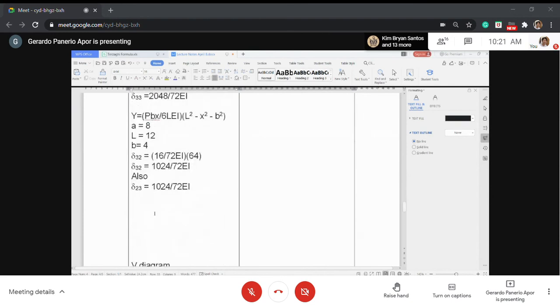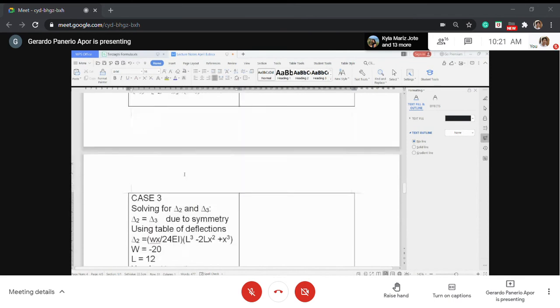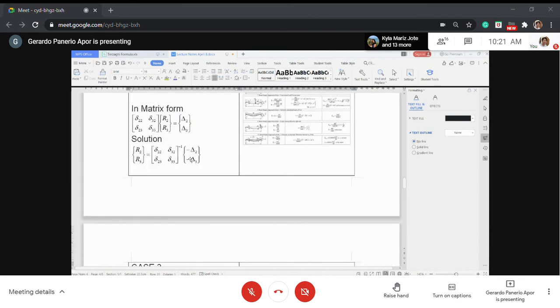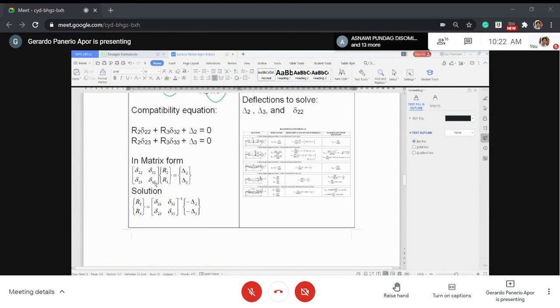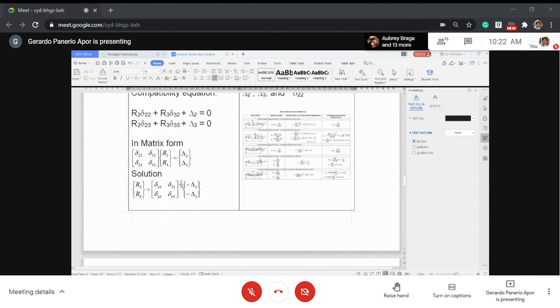By matrix, EI will basically cancel because all these terms here have EI. If you invert that, EI will be on the numerator and here is the denominator, so EI will basically cancel. Even from this equation, if this is in terms of EI, this is in terms of EI, this is in terms of EI, you can already eliminate them. It will not disturb your equation in your matrix. So your matrix equation will become this.